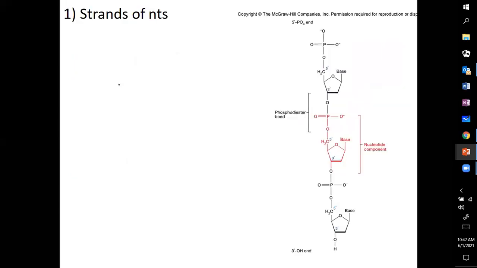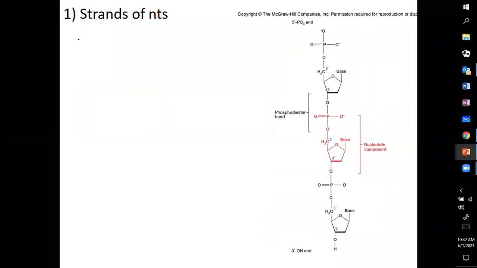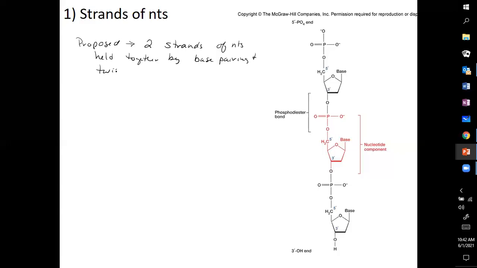Watson and Crick proposed that the DNA helix was a two-stranded molecule, two strands of nucleotides held together by base pairing and then twisted into a helix.